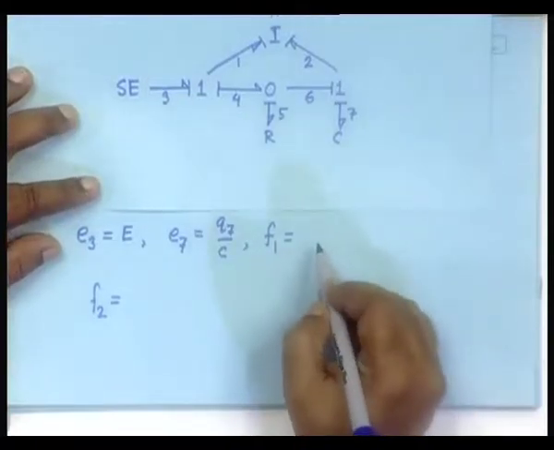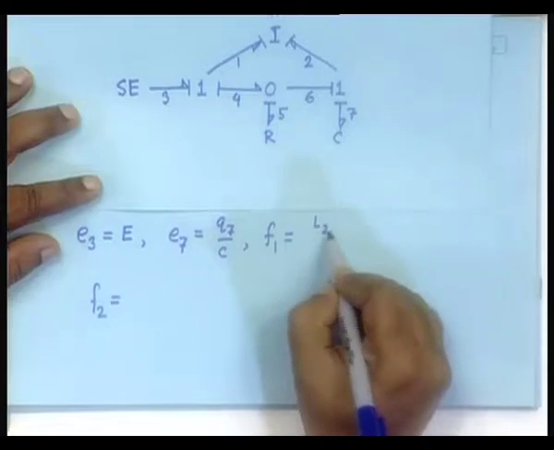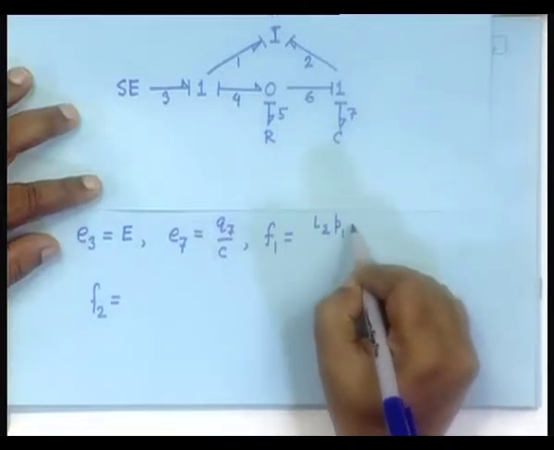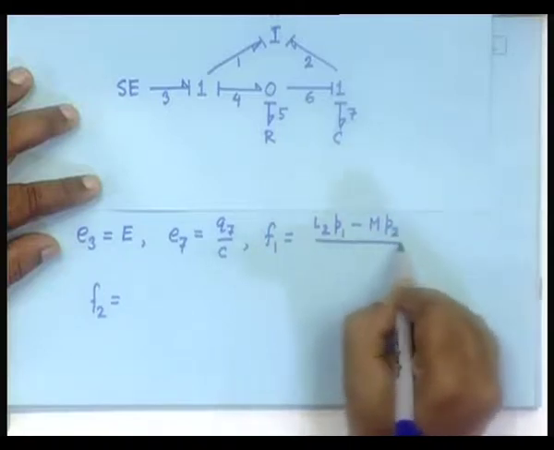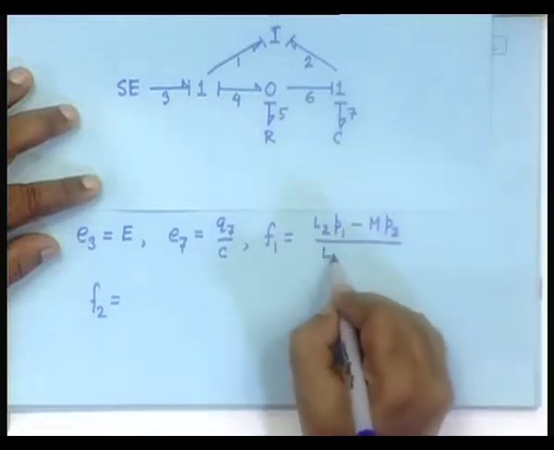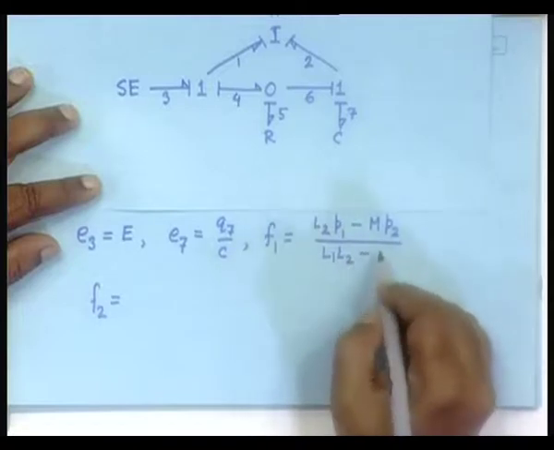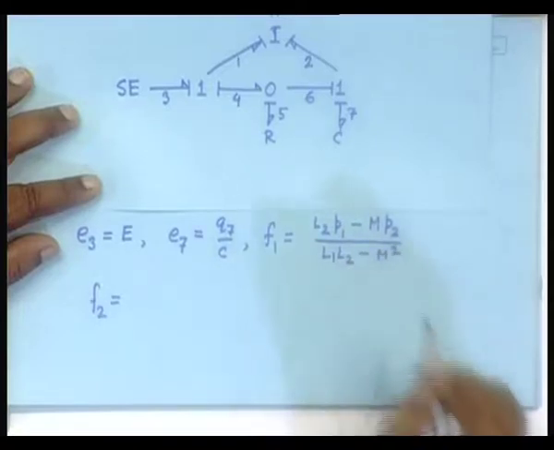It will turn out to be F1 equals L2 P1 minus M P2 by L1 L2 minus M square.